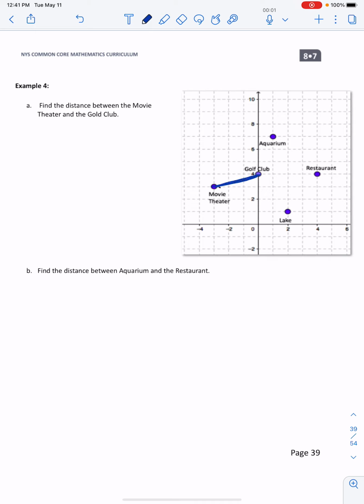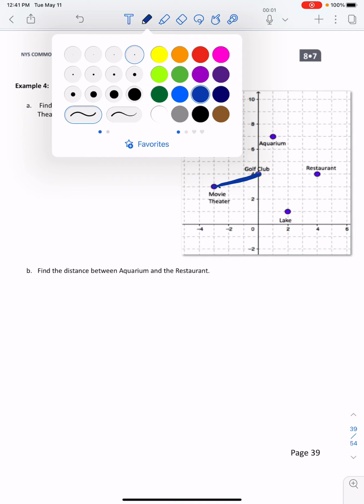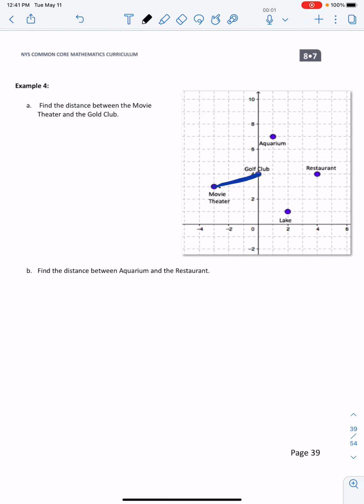So we're finding the distance right here. Okay. So when we do that, the movie theater is -3 and 3. The golf club is 0, 4.